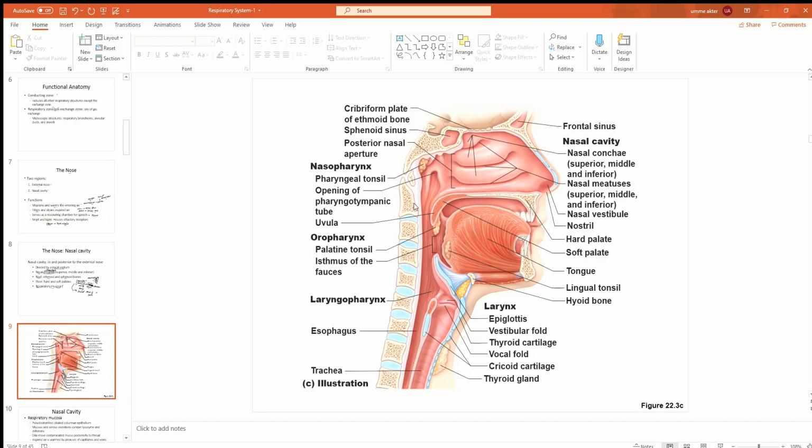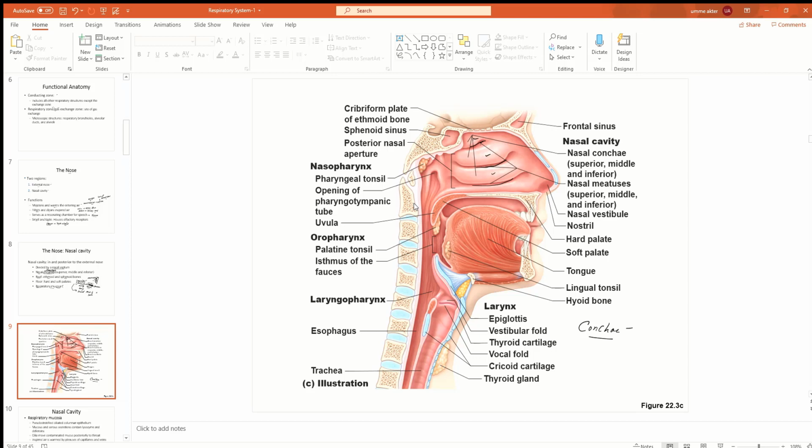So here you see the nasal cavity. This is one side. So these are conchae and these are meatuses, these grooves that separate the conchae. So three meatuses separate three conchae. The concha helps the air you inhale that passes through the nasal cavity.